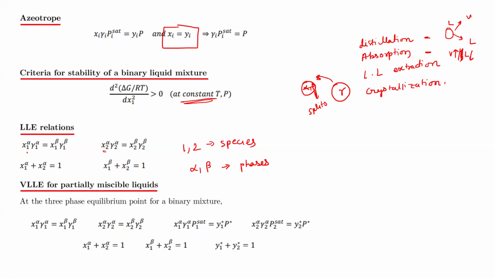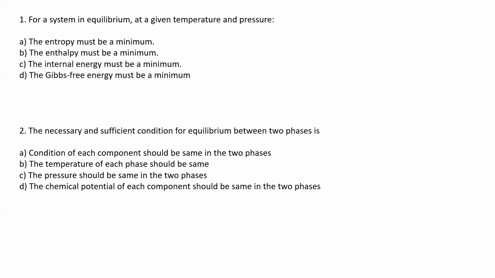So you have these relations when it is liquid liquid equilibrium. And furthermore, you have vapor liquid equilibrium for partially miscible liquids. And sir has discussed all these things. Now we'll be going through some questions here.